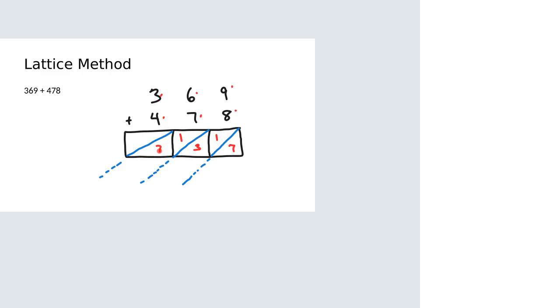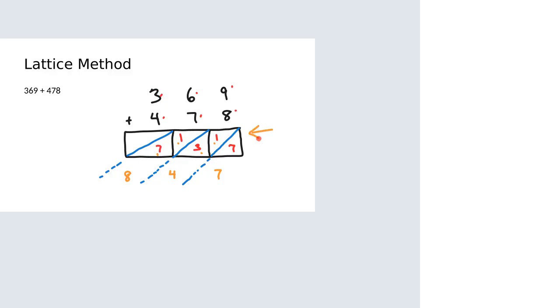We don't have any tens in that one. Now, when we go to finish this, we're going to add along those diagonals. Here we just have a 7. 1 and 3 makes 4. 1 and 7 makes 8. And there's our answer of 847.